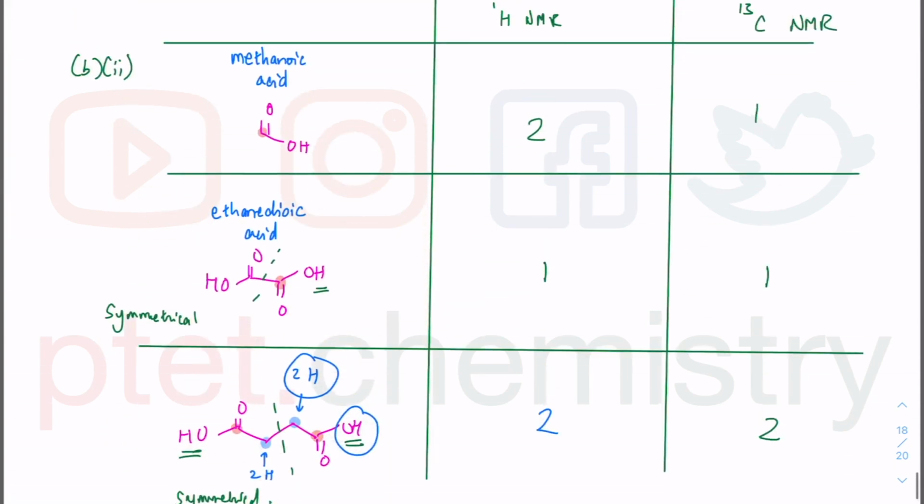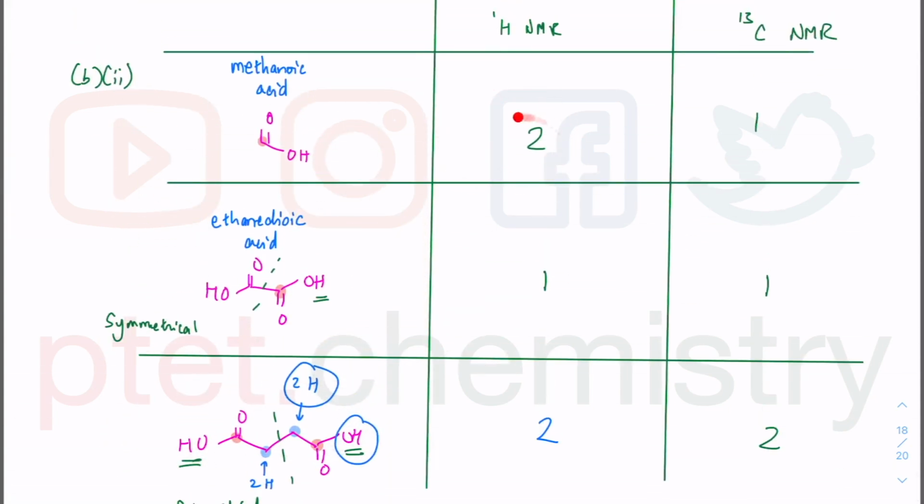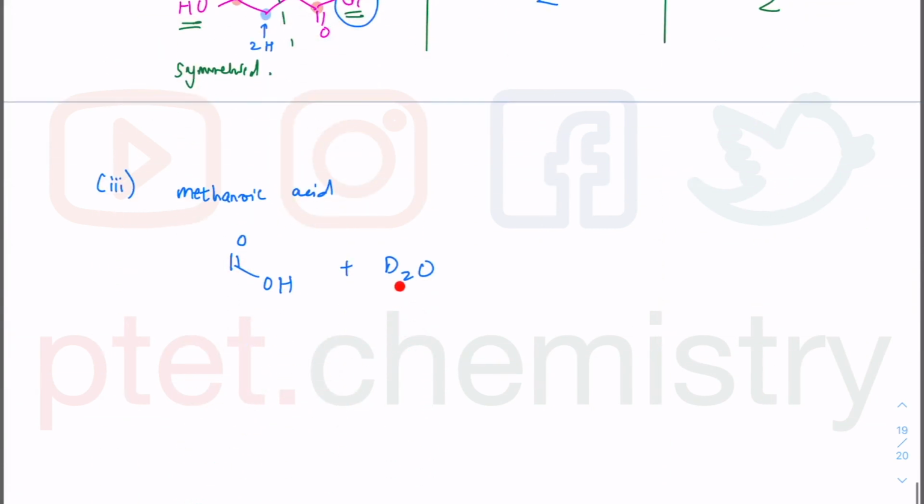On to the next part, which is to do with fast exchange. They are saying that when you have this carboxylic acid, which is metanoic acid, in D2O, what would look different if you compare the proton NMR here, which has two proton environments, compared to in D2O?